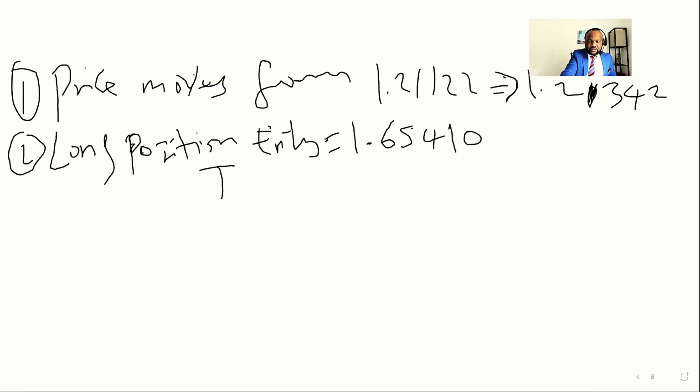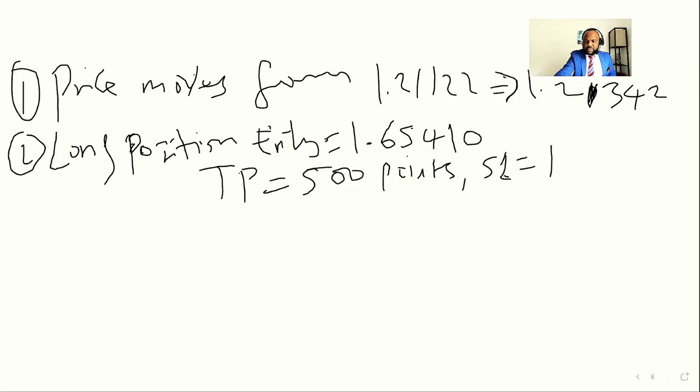Take profit target 500 points. Stop loss target 100 points. This one is in points, so easy does it. You are buying. Long position means you are buying, so you buy at the entry price. So solve this.